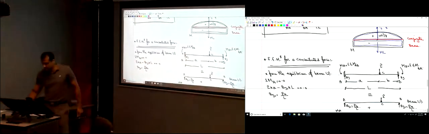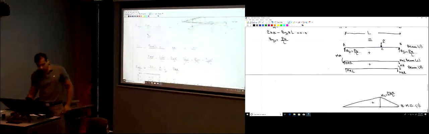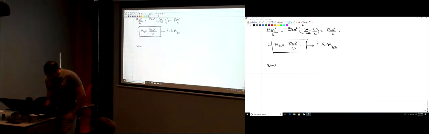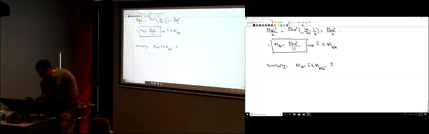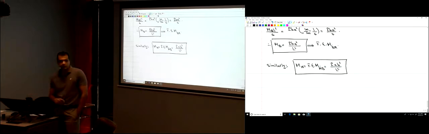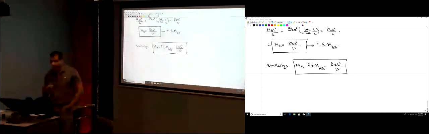Okay? Similarly, doing the same thing, you can find MA. So similarly, MA, which is the fixed end moment AB, is going to be P, but now it's the opposite. Instead of B, A squared, it's going to be A, B squared, divided by L squared. Those are the fixed end moments, okay?